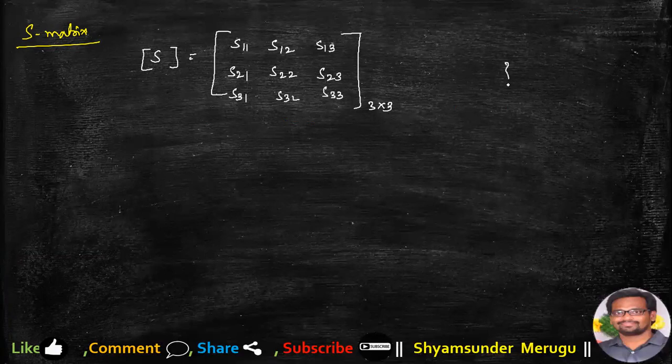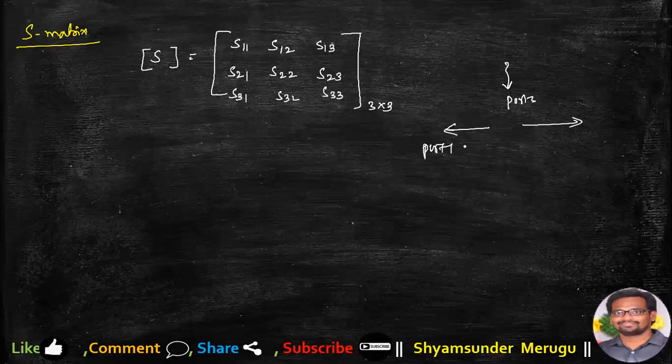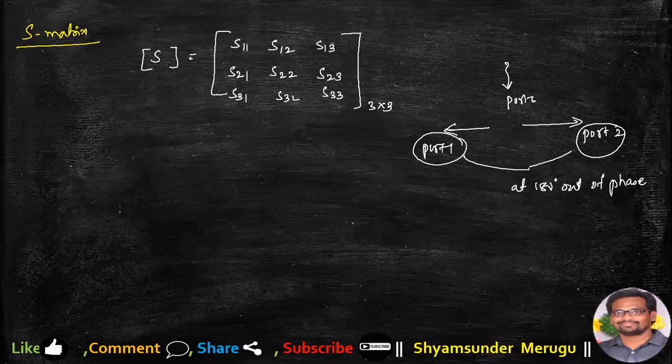If the input is applied at port 3, then we are getting the output at port 1 and port 2, and these two will be 180 degrees out of phase. So the output that we are getting at port 1 when it is applied at 3 is out of phase, indicated with the negative sign, with the output at 2 due to the input applied at 3.